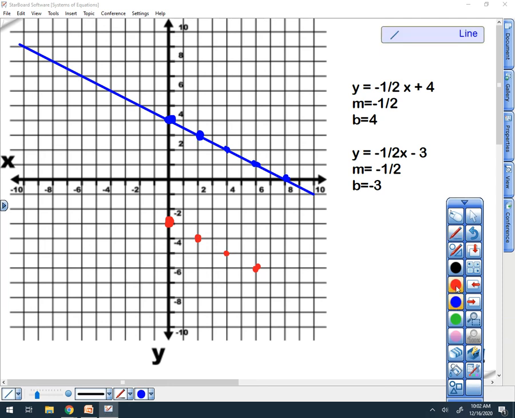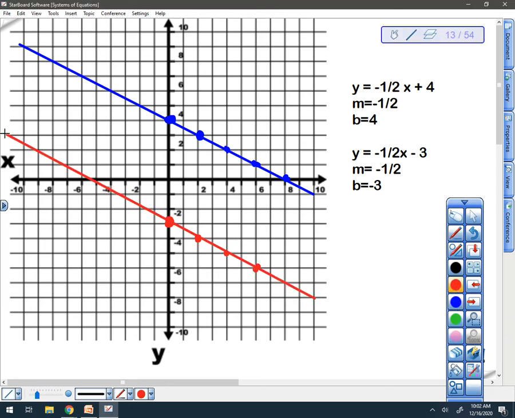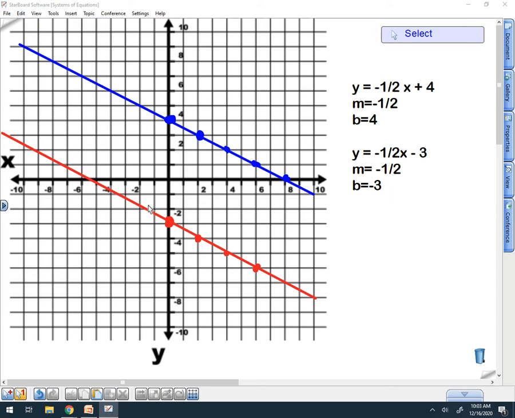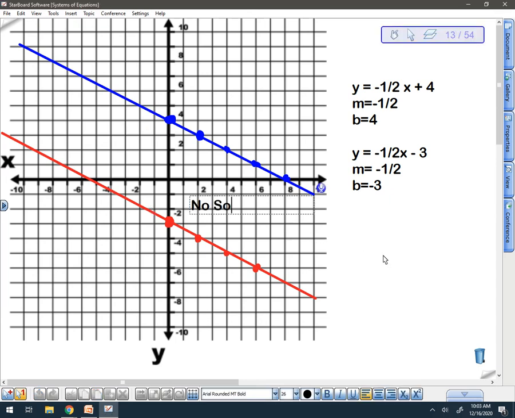So when you go to graph that one, looks like that. And then you notice, oh, I've got two parallel lines. They will never ever cross. So my answer is no solution. There's no solution because they never touch, never cross. So we can't find an answer.